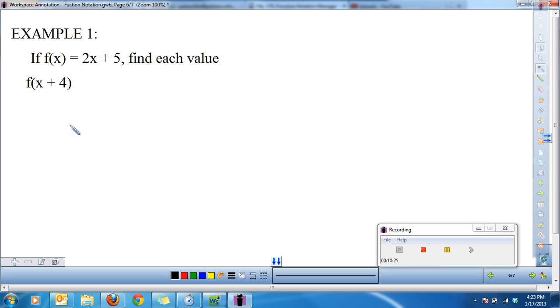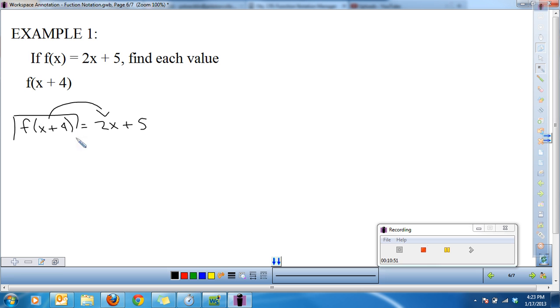So let's do a couple more examples. Let's take f of x equals 2x plus 5. Again, you remember, this is our function. We're evaluating our function at x plus 4. All of this is inside parentheses, so all of this will go in for x. So if I say f of x plus 4 is equal to 2x plus 5, now I'm going to put this in for x.